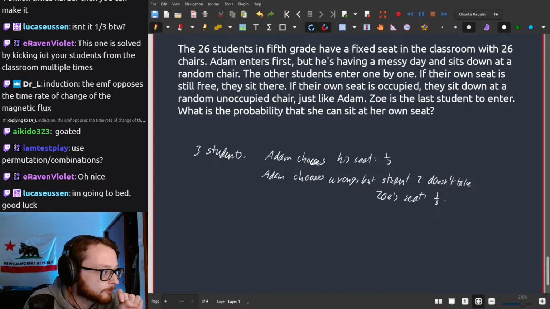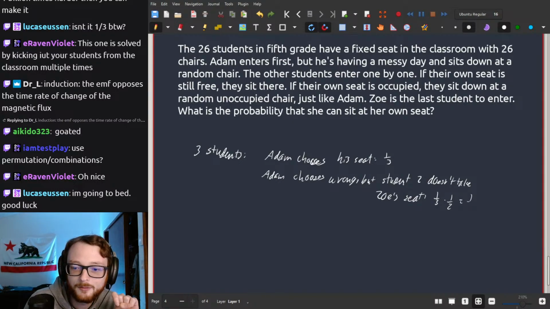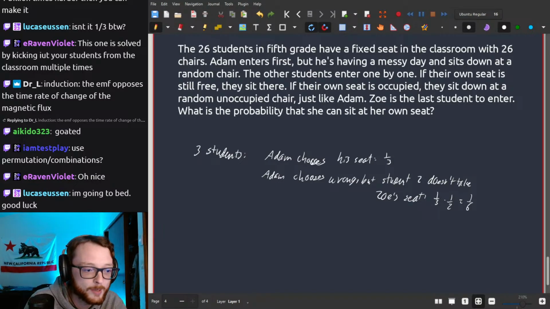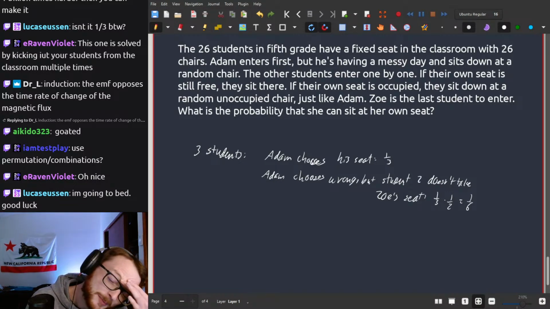So it's 1/3 times 1/2. Okay. And so 1/3 plus 1/6 is 1/2. I expect it to be 1/2 for every number of students, based on what Femlock said. And so I think I can maybe piece together the pattern now.